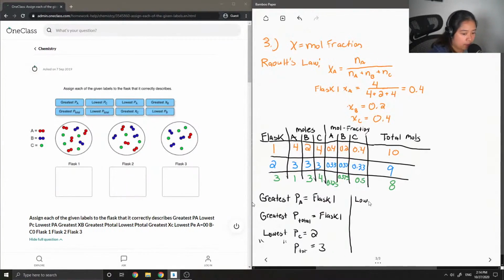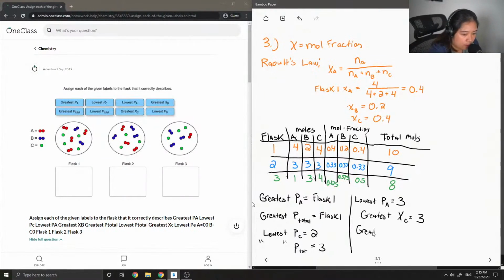The lowest PA is flask 3. So the greatest mole fraction of C is flask 3.